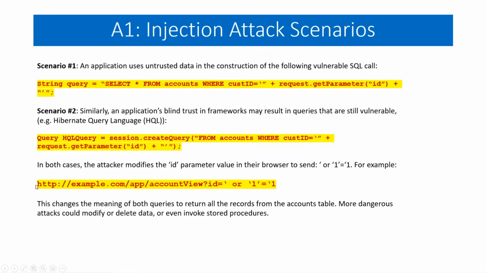Now, this down here is an example of a SQL injection that is malicious. So you see, this is what the user would input: single quote, or, single quote one, single quote equals single quote one. So what this is essentially sending to the database is this query here.